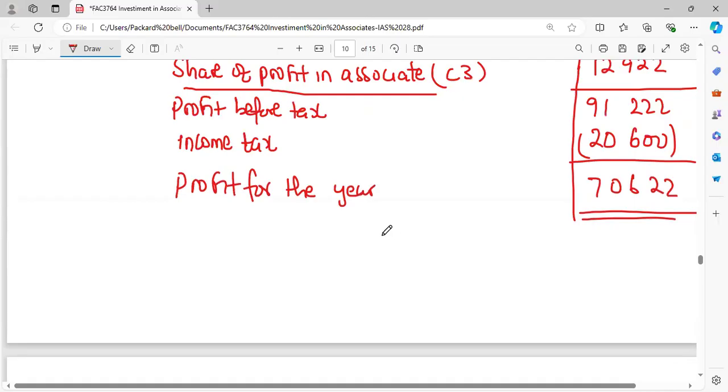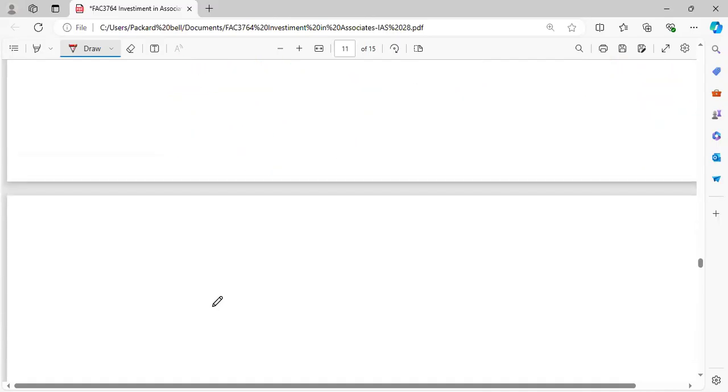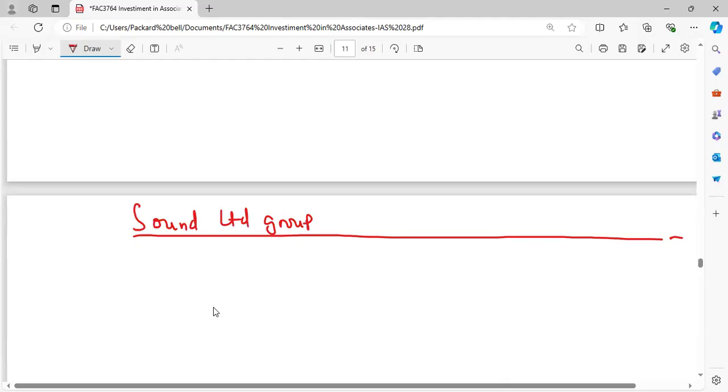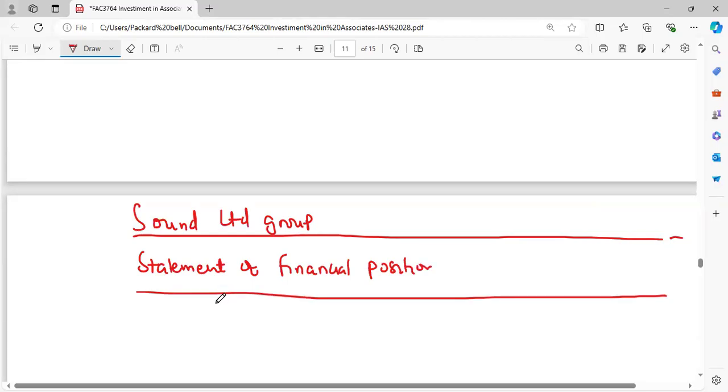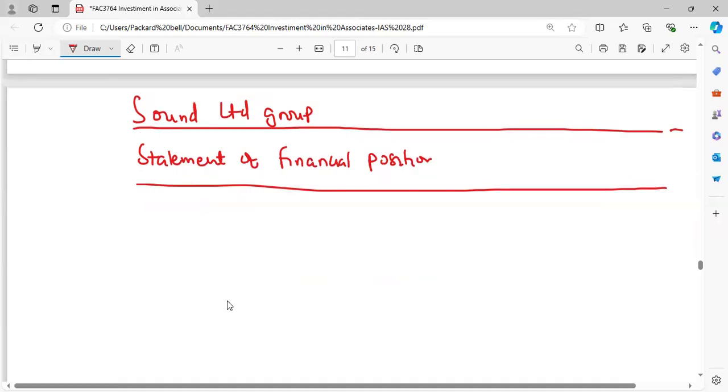Right, when you go to your statement of financial position now, you're going to have your Sound Limited Group. I will only take where there are adjustments here. So let's look at what you take to the statement of financial position.